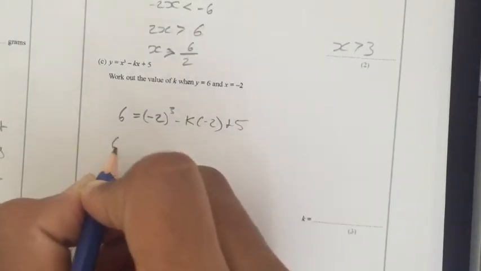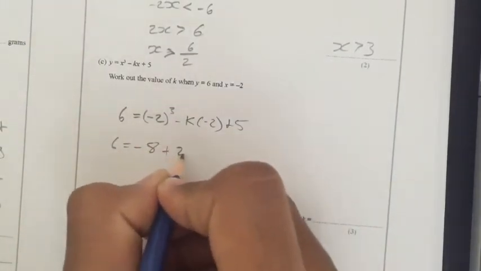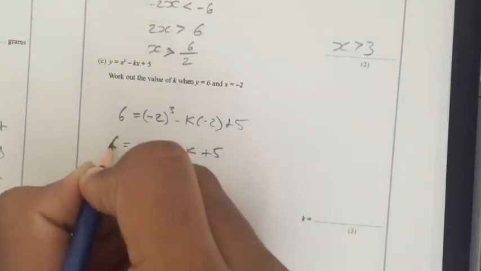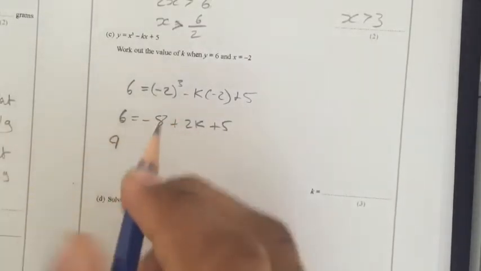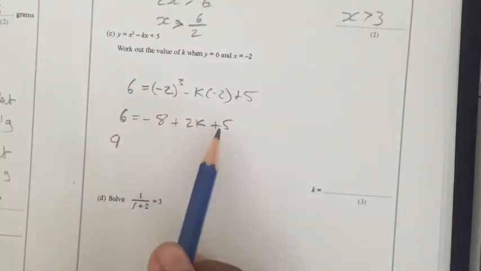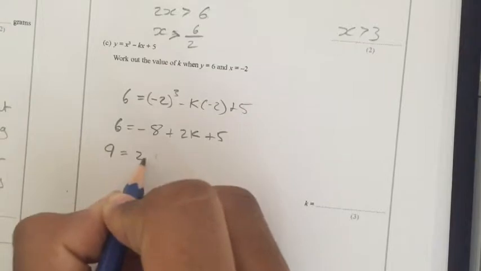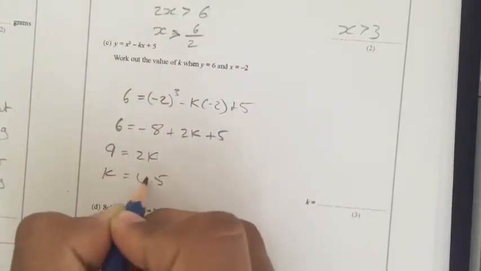Okay, 6 equals minus 8 plus 2k plus 5. So if we add 8 to both sides and subtract 5 from both sides, we get 9 is equal to 2k, therefore k is equal to 4.5.